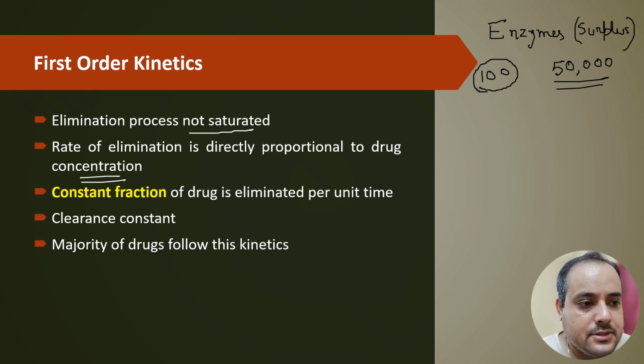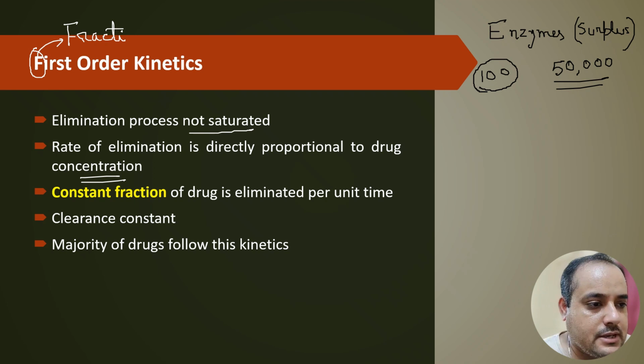First order kinetics, F for fraction. So a constant fraction, a constant percentage of the drug is getting eliminated per unit time. Now the clearance remains constant, and the majority of the drugs that we see follow first order kinetics of elimination.